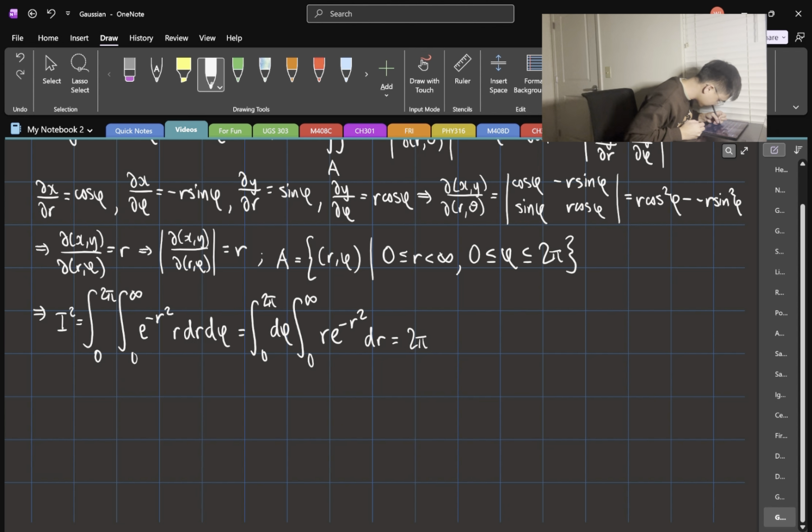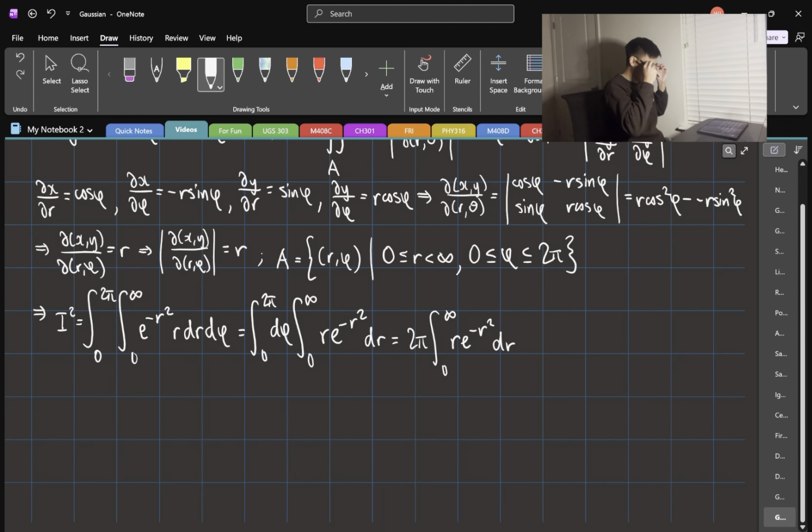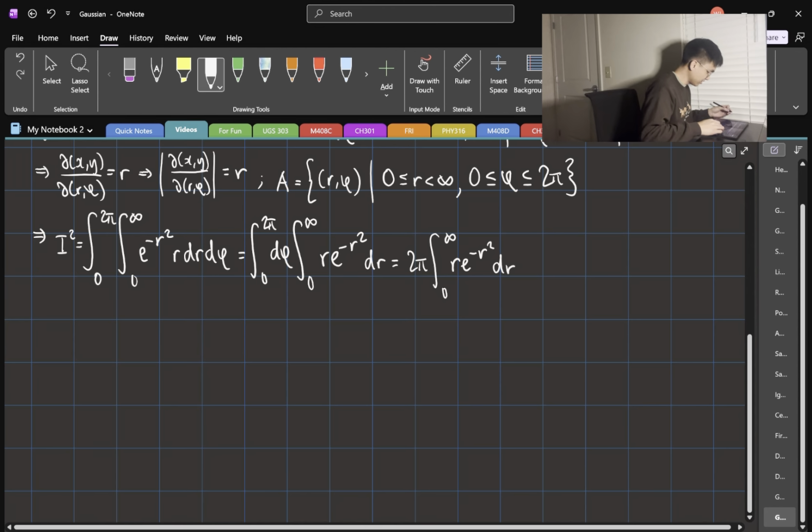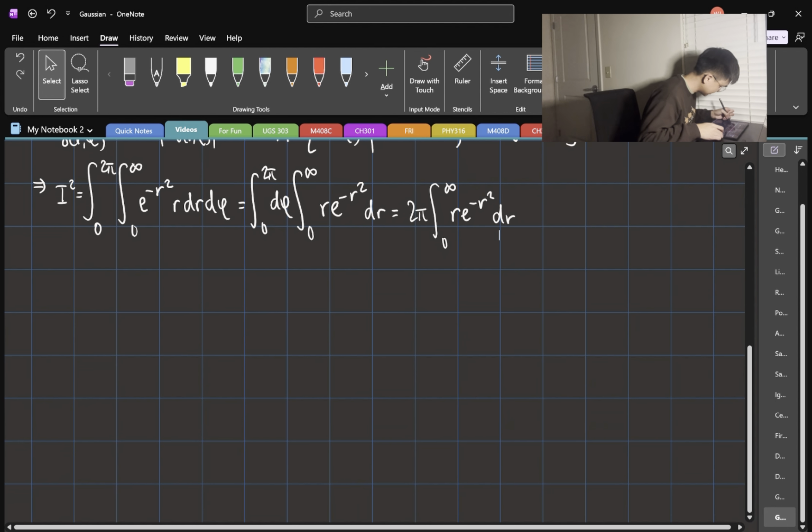And then we have this integral here, 0 to infinity of r e to the minus r squared dr. And what do you know? I think anybody in Calc 1 can certainly manage that integral, which is what we're going to do. So I'm going to call it J, I guess.